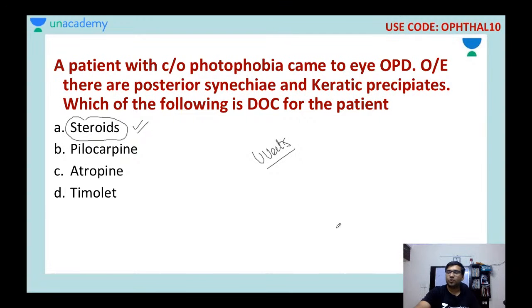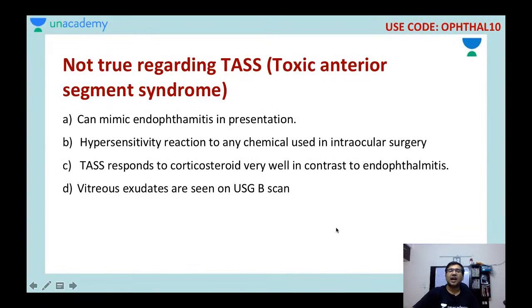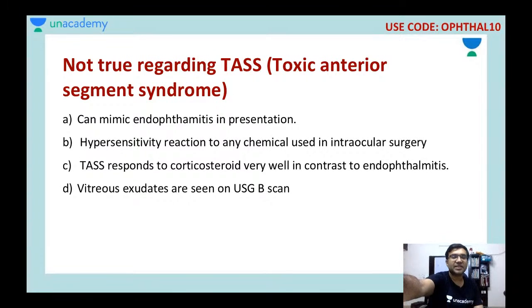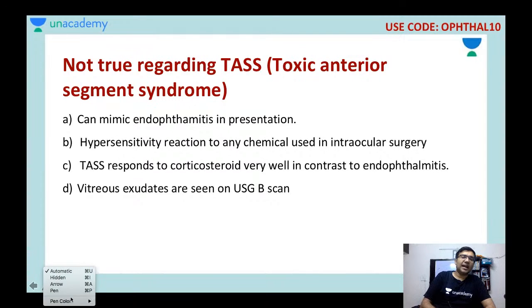Okay, let's move to our next question, regarding TAS, that is toxic anterior segment syndrome. Your question is: which is not true regarding toxic anterior segment syndrome? Your options are: can mimic endophthalmitis in presentation; hypersensitivity reaction to the chemicals used in intraocular surgery; TAS responds to corticosteroids very well in contrast to endophthalmitis; vitreous exudates are seen on the USG-B scan.